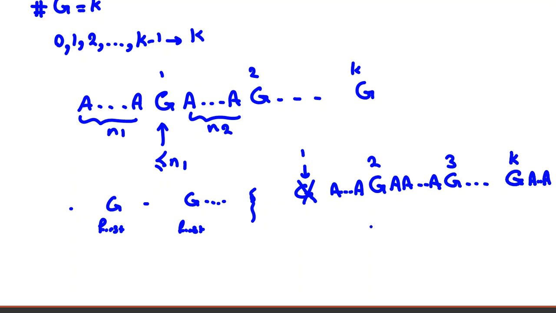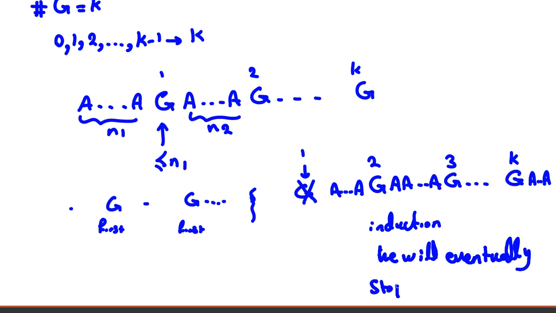Here, by induction, you can say that it will eventually stop after a finite number of steps. And the problem has been proved by induction, and we've used k minus 1 here because we have k minus 1.